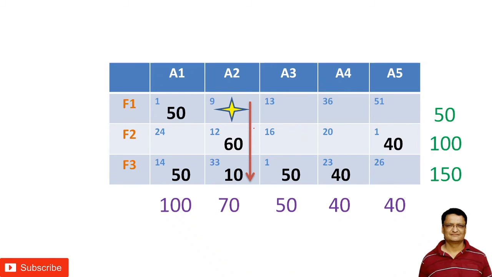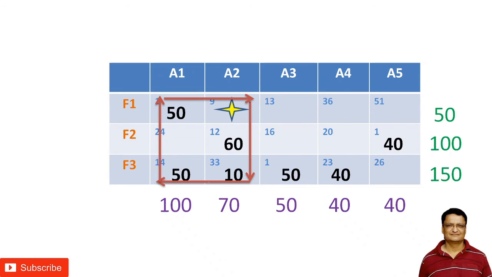So I will move vertically. If I go from this cell to this cell, I have one allocation. Now I can move in this direction, and here I get one more allocation. If I move upward again, I get one more allocation, and I can come back to my original position. So this has created a loop for me.